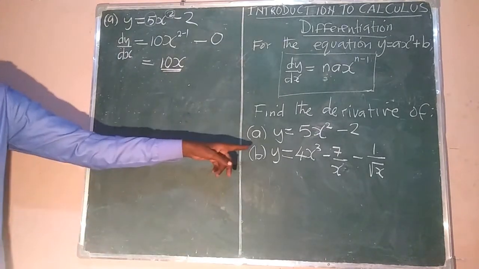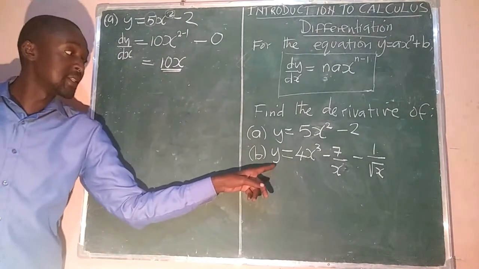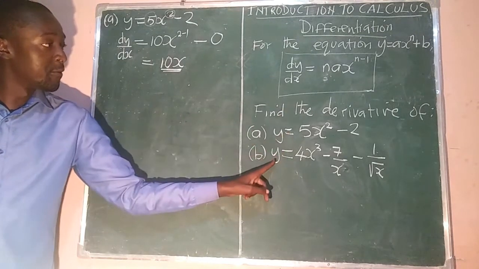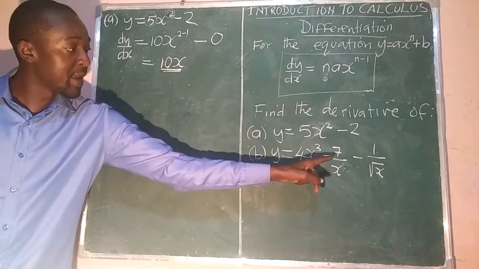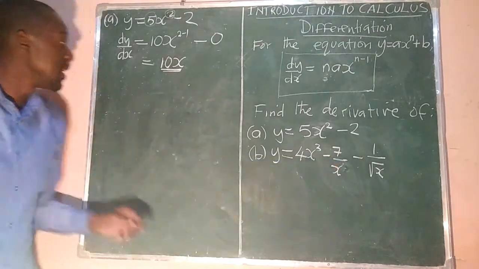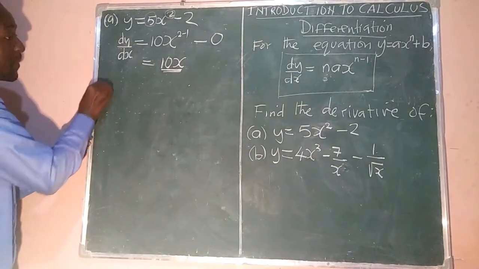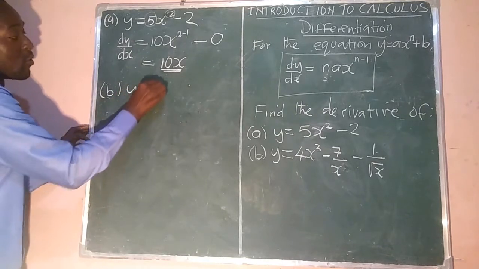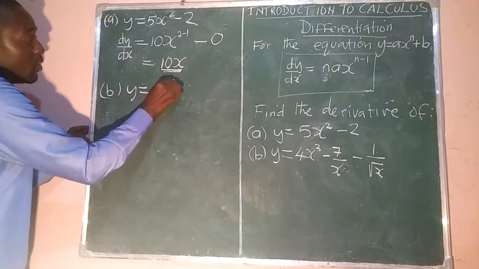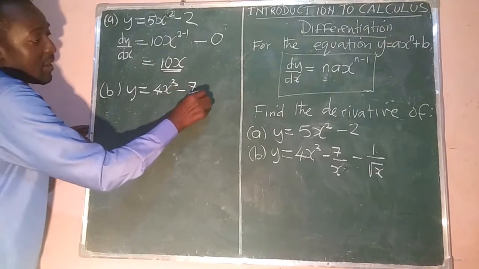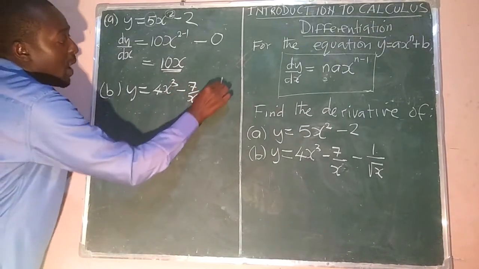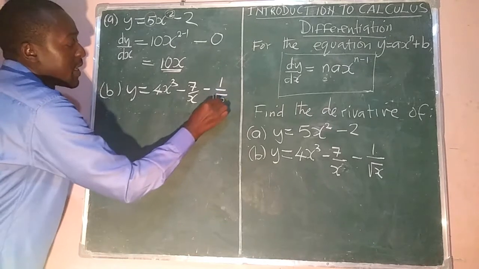For our second equation, find the derivative of y is equal to 4x cubed minus 7 over x minus 1 over the square root of x. So y is equal to 4x cubed minus 7 over x minus 1 over root x.